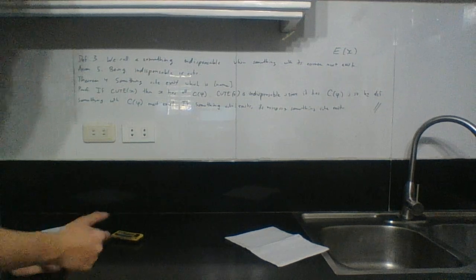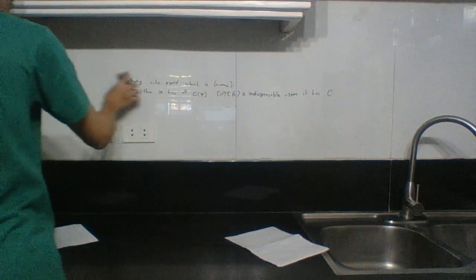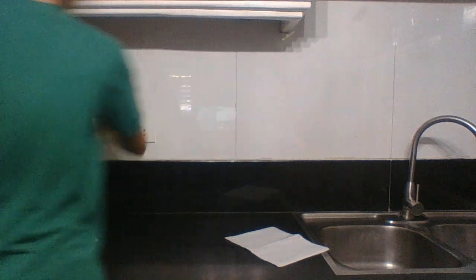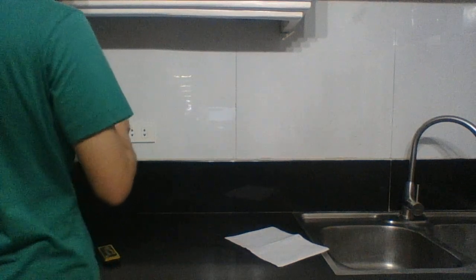Now let's put it in symbols. I'm not going to write down the proofs anymore, but for the nerdy ones among you who want to see the symbol version of all of this.